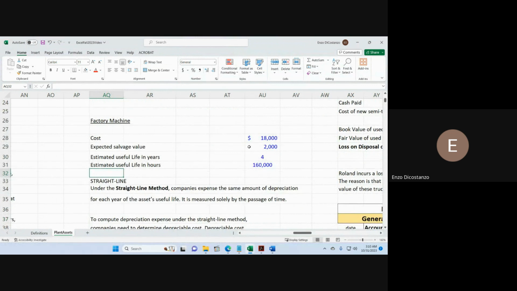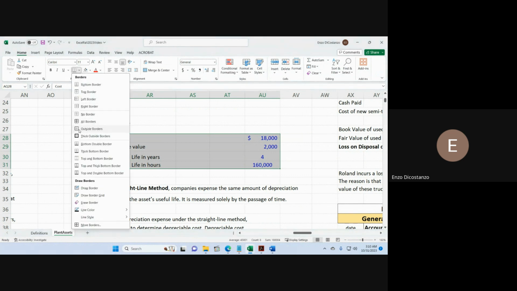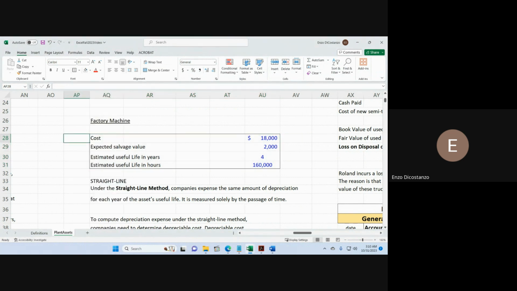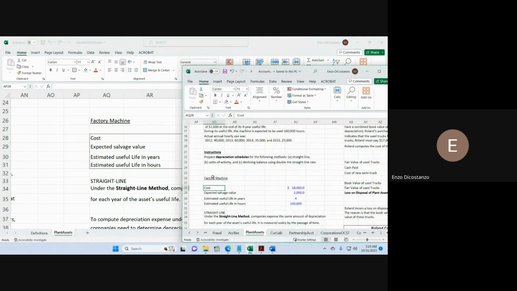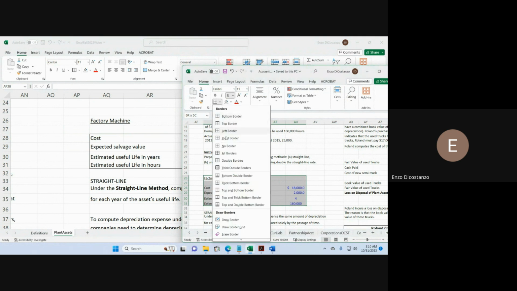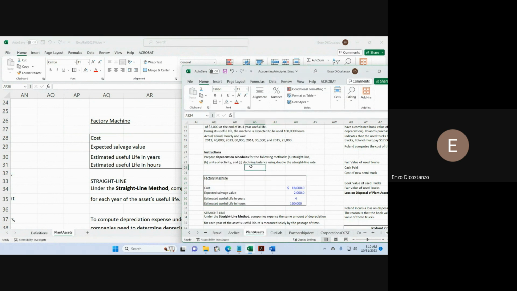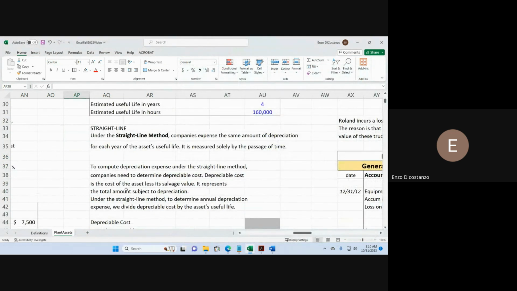Okay, so we listed all of our initial numbers here. So we'll use straight line first.